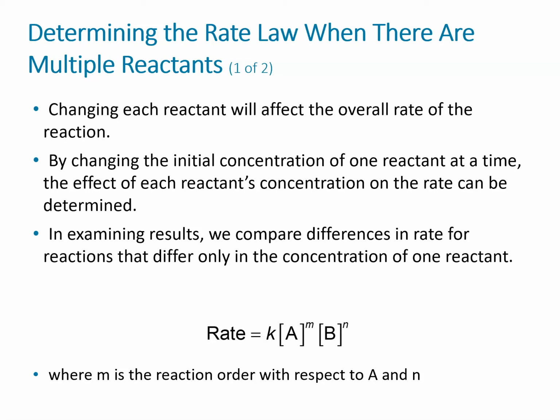So changing each reactant is going to affect the overall rate of reaction. So what if we just doubled the concentration of A in this example here? What if we just double concentration of B? What if we double both? Will that affect the rate differently? Yes, it will. How do we describe that? Well, that's going to be the next little bit of information.